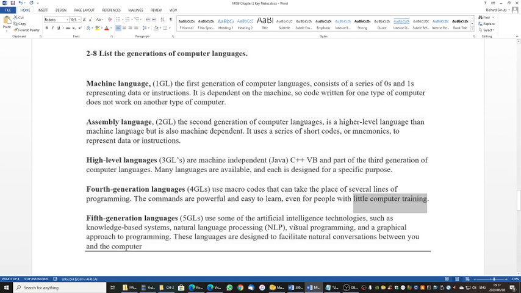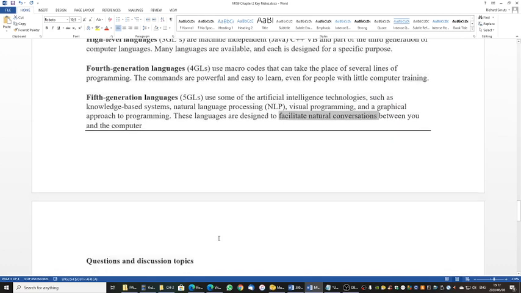Visual programming. It is watching what you are doing, and it can understand and learn from that. An example of that can be facial recognition. And it also uses a graphical approach. These are designed, and we are hoping for the future that they facilitate natural conversations between you and the computer, where you will be able to write computer code just by simply speaking to it.